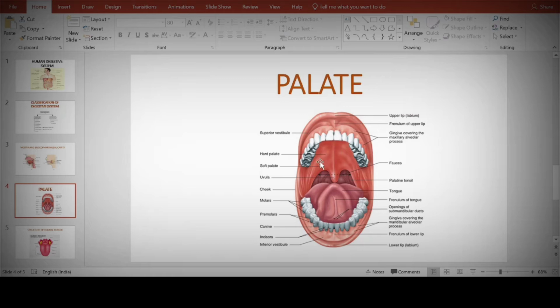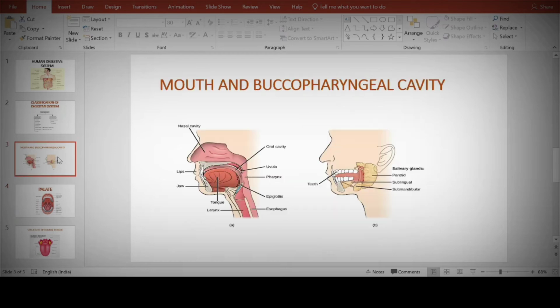And we have the other part, and that is termed as the soft palate. This part you can see is the soft palate, and it is situated in the pharynx. You can see that it starts from the originating part of the pharynx and basically terminates into the pharynx. In the upper part of the pharynx, there are two parts.